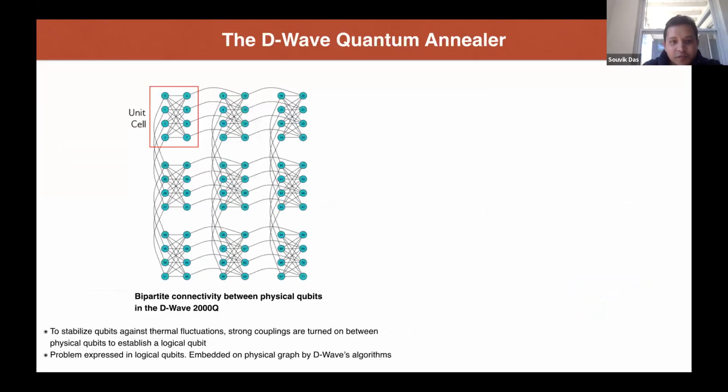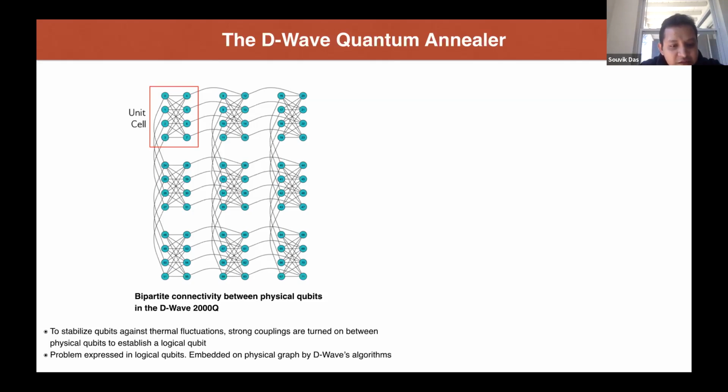So there's a few more hiccups on the D-Wave machine. Well, to stabilize qubits against thermal fluctuations, they induce strong couplings between physical qubits to establish a logical qubit. So on the left is a picture of how the physical qubits are connected to each other, and the lines that have been shown are the couplings that are allowed.